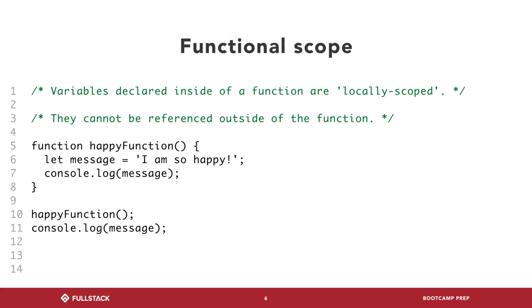Anyone who's not in the scope of the happy function, or one of its children's scopes. I'll come back to the idea of child versus parent later on. But here, if I define message as I am so happy, and I console log out message, I'm going to console log out I am so happy. But on line 11, when I try to console log out message, what do I get?